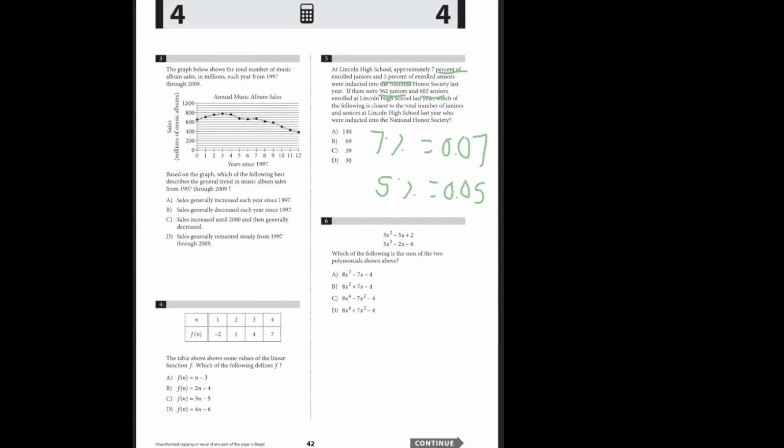We have 562 juniors and we have 602 seniors. So all you have to do is multiply this times 0.07 and this one times 0.05. Because when you're trying to find 7% of a certain group, you multiply the whole times the decimal component of that percent, which is 0.07 and 0.05.